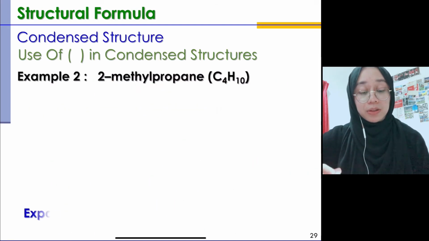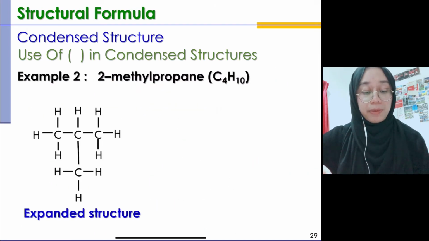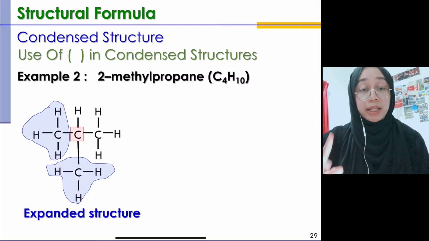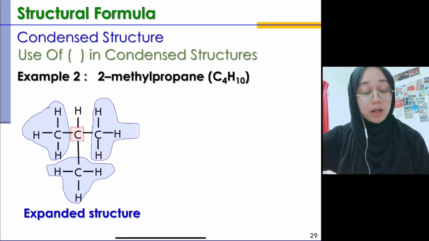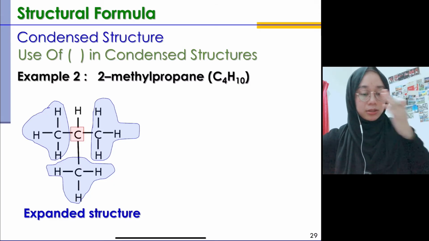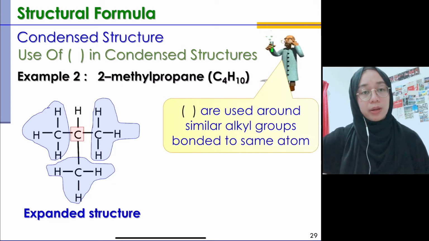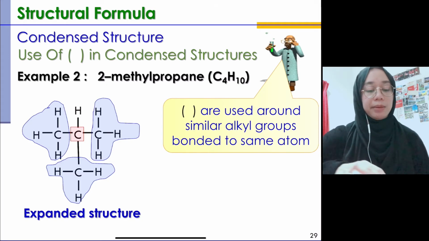And then example 2 here, kita ada 2-methyl propane. Okay, so kalau yang ni pula, okay, kita fokus dengan carbon yang tengah-tengah tu. So, yang ni tadi yang macam Miss cakap lah. Okay, untuk carbon yang merah tu, dia ada 3 CH3 yang attach dengan dia. Ada 3. So ada 3 ni, so kita boleh menggunakan bracket kat sini. Okay, because yang ni dipanggil sebagai alkyl group lah, alkyl group.